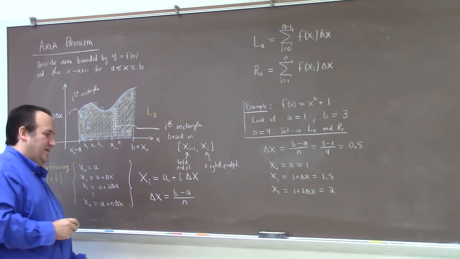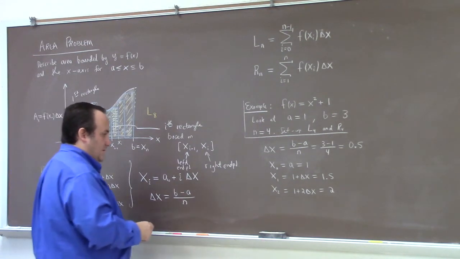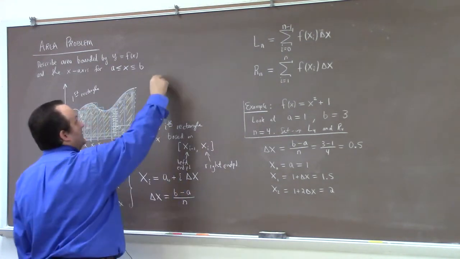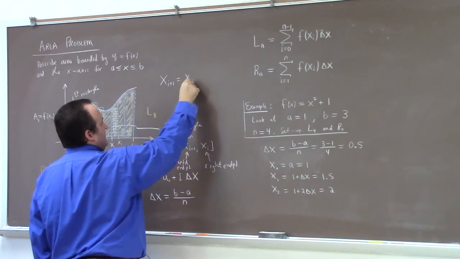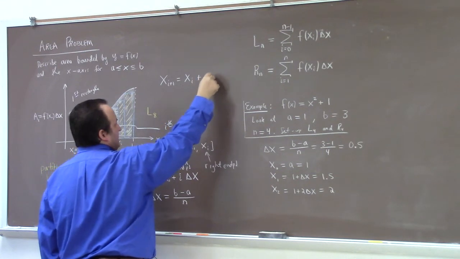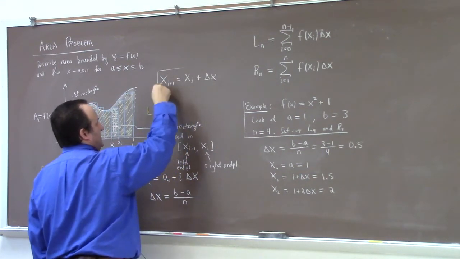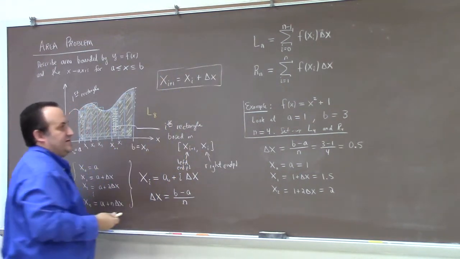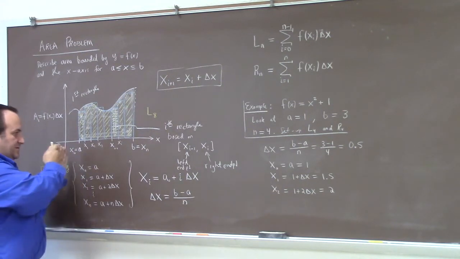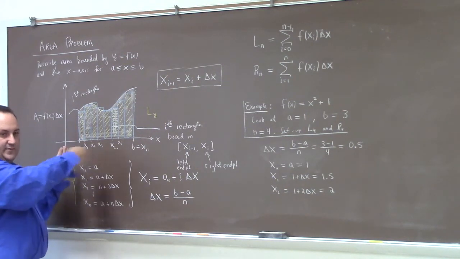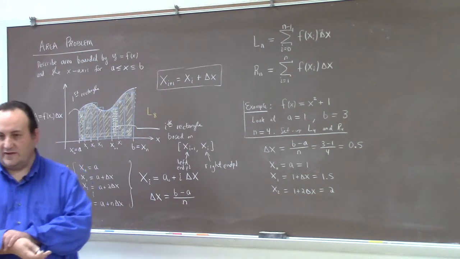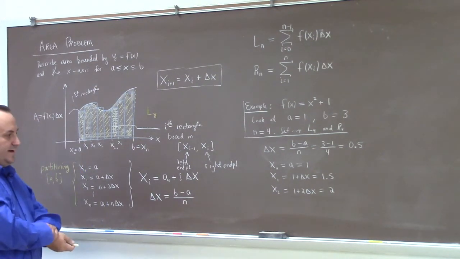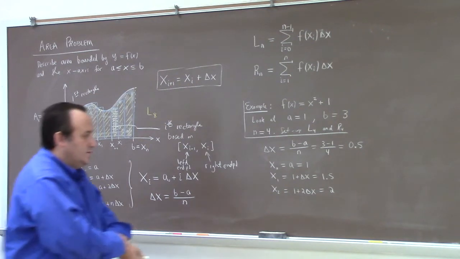What's another way you could think about this? Another thing that's true is that x sub i plus 1 is x sub i plus what? Plus delta x. This is a key idea. To get to the next point in the partition, you just add delta x, because we're taking subintervals of equal width. So x2 is 2, x3 is what?